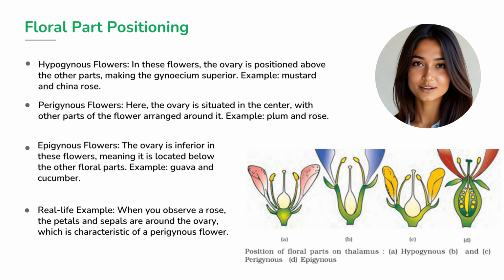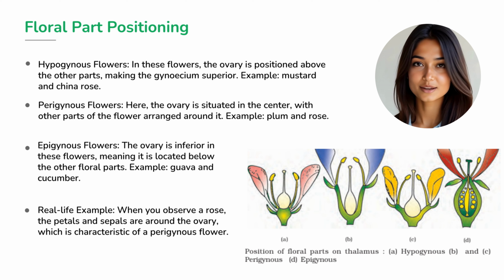Now, let's dive deeper into the flower's anatomy, specifically the positioning of the floral parts on the thalamus or the stem of the flower. Depending on where the ovary is placed, we categorize flowers as hypogynous, perigynous, or epigynous. In hypogynous flowers, the ovary is above the other parts of the flower, making it superior. Flowers like mustard and China rose follow this pattern.